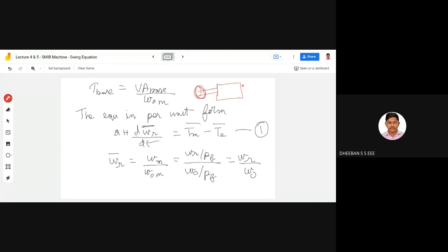But with respect to the output, the concern will be with respect to your electrical quantity. So that's what happens over here. After the conversion, we will be sticking towards your electrical quantity only, and for that only we are converting from mechanical radian per second towards your electrical radian per second.